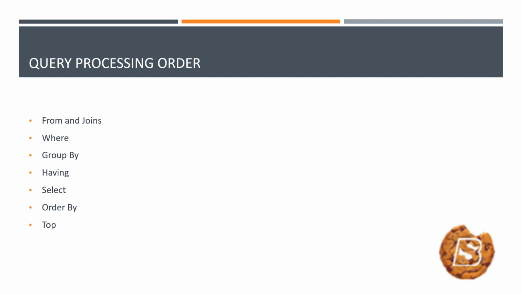Okay, so from and joins get resolved first, then comes where, and after that comes the group by clause. After that we have having, and then we do the select, and on top of it the order by is applied. Finally, if we have a top keyword in the select statement, that is then applied to filter the result set. So this is the order in which SQL Server processes a given query.